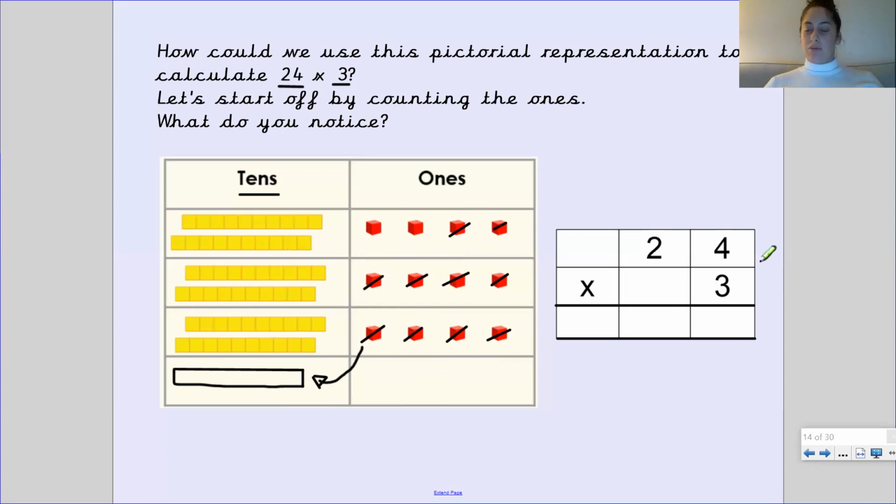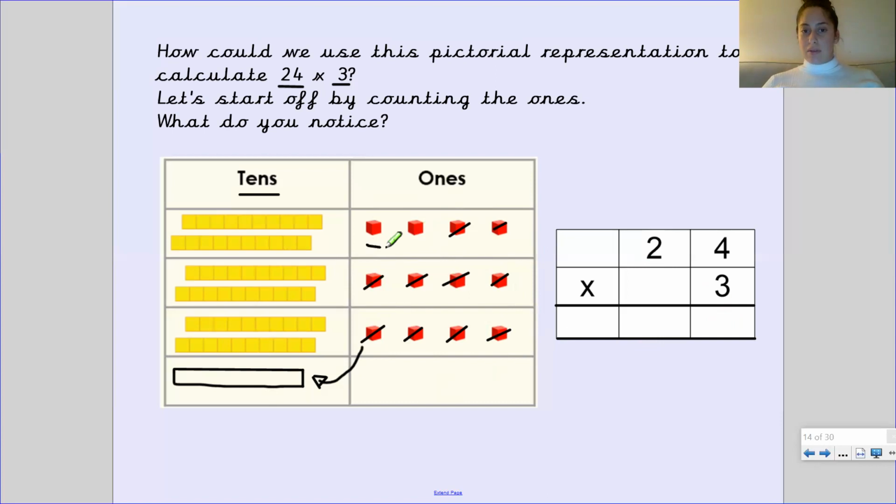Let's have a look at what this would look like in an abstract way using the column method. So I had already counted the total number of ones. I know that 3 times 4, because I had 3 lots of 4, equaled 12, because I ended up with 12 ones. Now, I can't put 12 in the ones column because that's a 2-digit number.